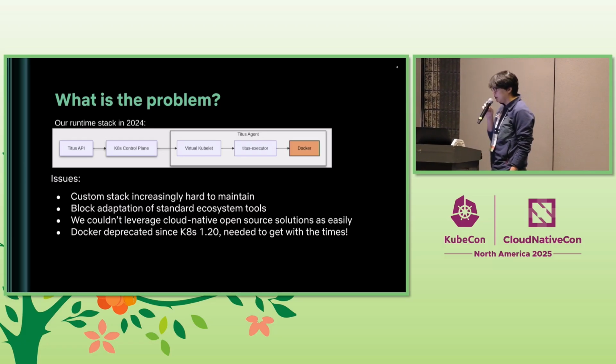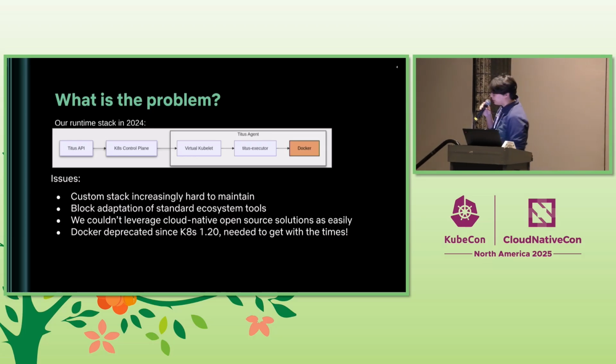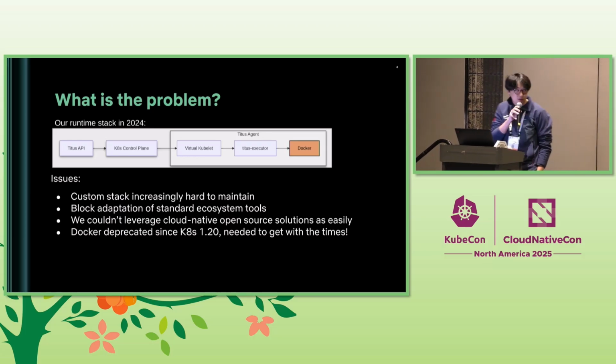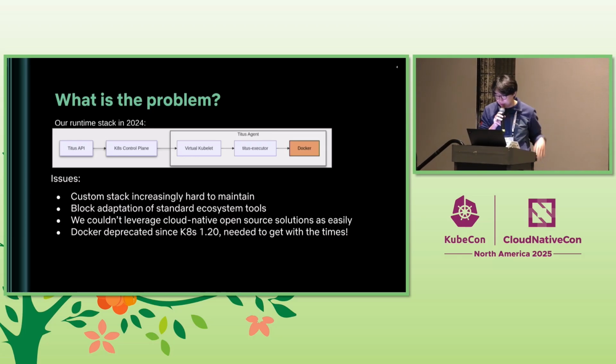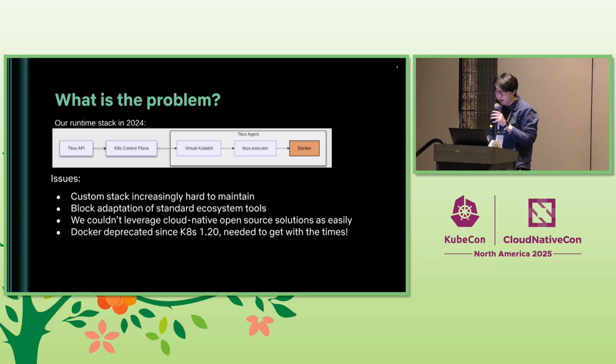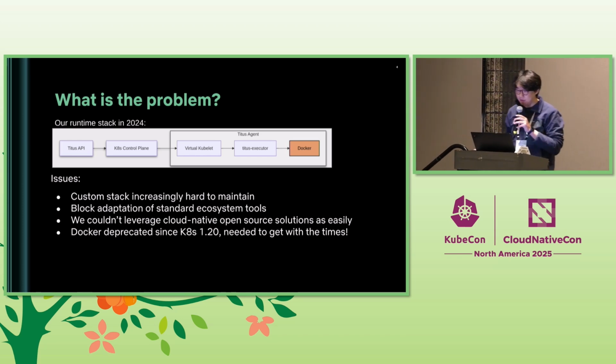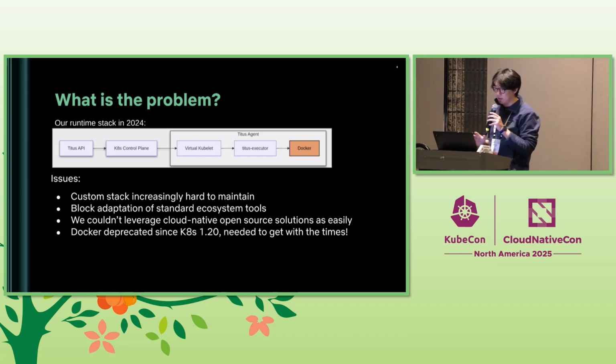To migrate our data plane implementation back then, we used a tool called Virtual Kubelet. Virtual Kubelet is an open source framework that essentially lets you masquerade as a kubelet to the control plane, but you can dispatch container execution to a custom backend. This was the mechanism that allowed us to preserve our existing runtime implementation at the time.